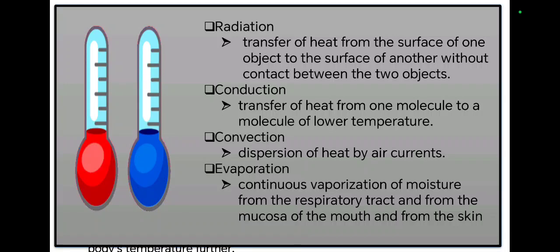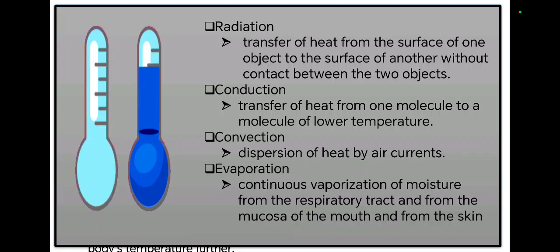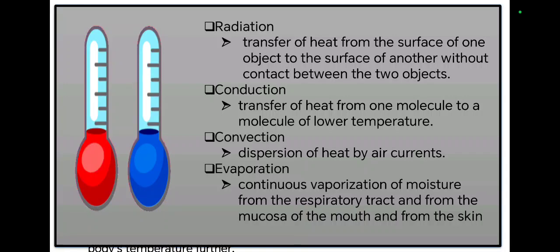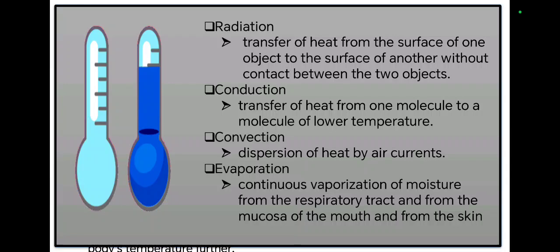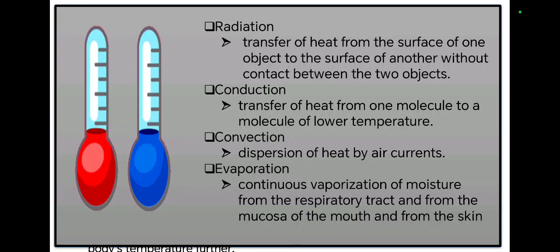For example, if you touch a hot surface and then you hold something cold, the cold temperature will transfer into your hand. Convection is the dispersion of heat by air currents, such as when exposed to AC or air conditioning. And last but not least is evaporation.